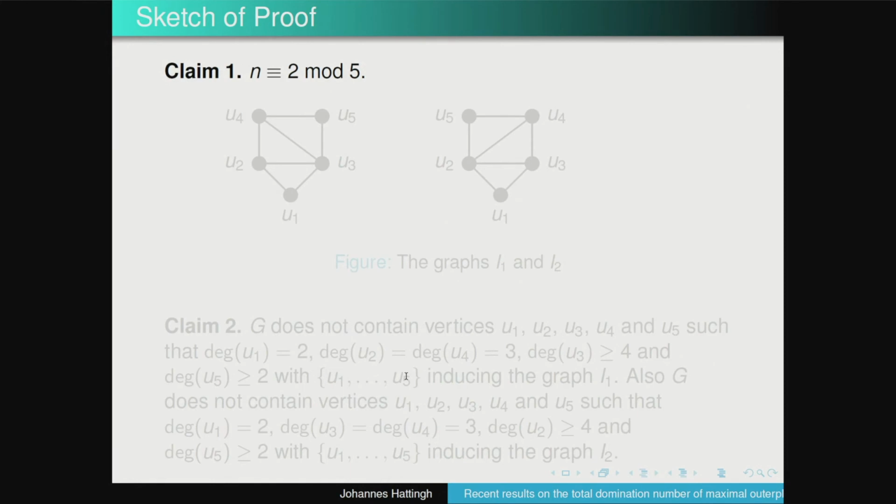So we had various claims, and I'm not going to go through all the claims. The first is that if you have anything but n congruent to 2 mod 5, you immediately get a contradiction. So what has to happen is that all the orders must be congruent to 2 mod 5.